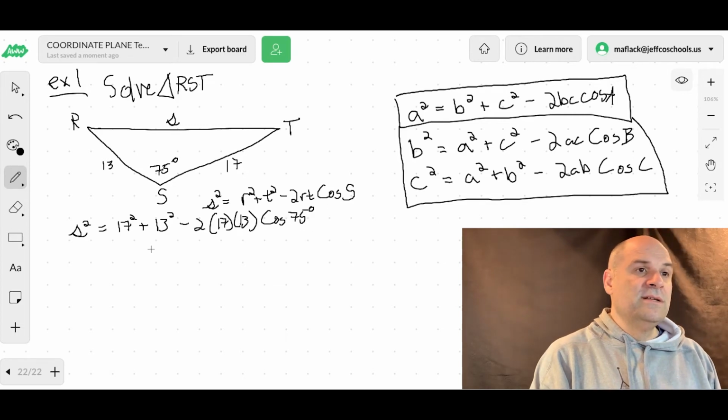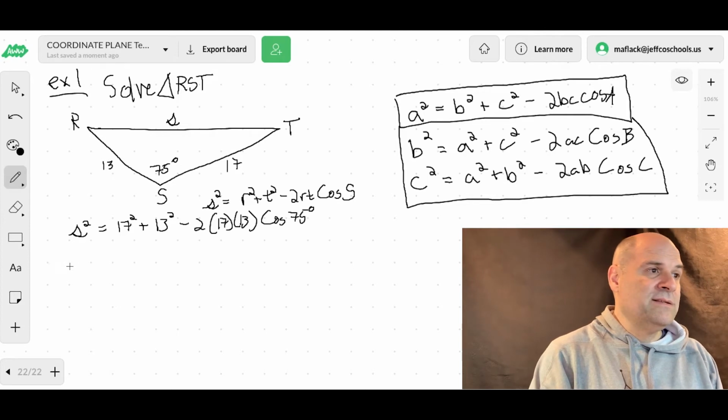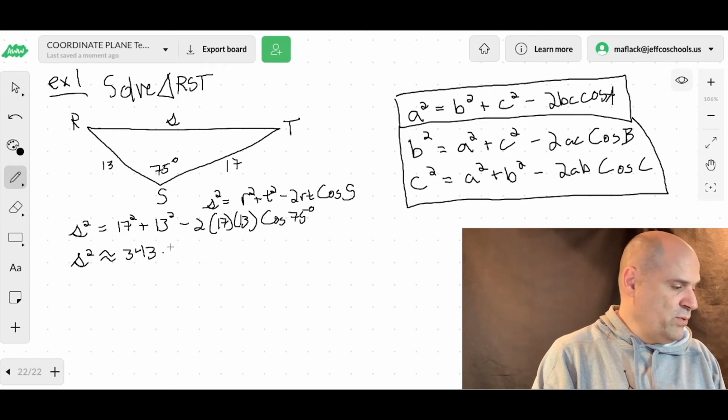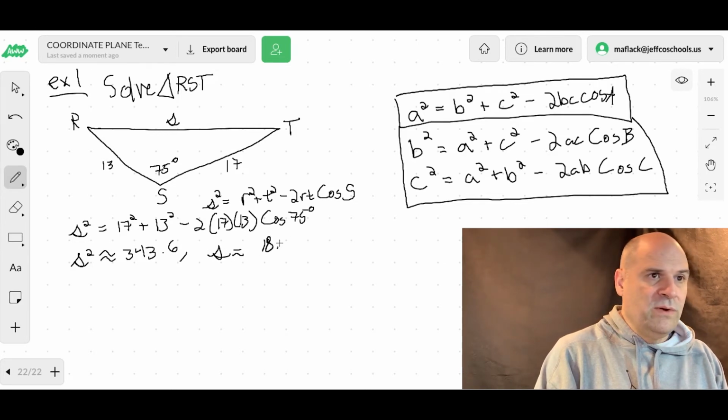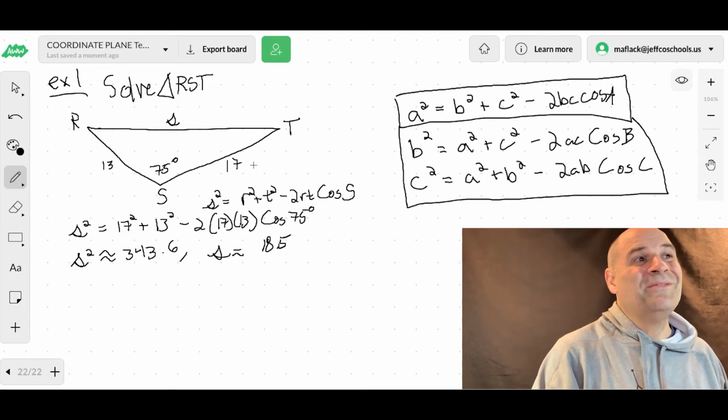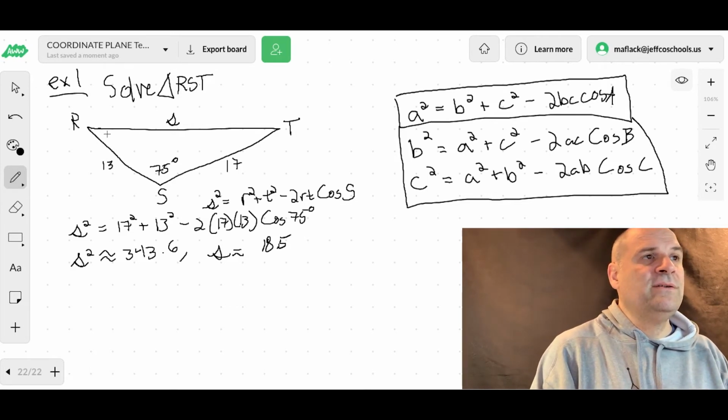Let's simplify this. s squared is approximately 343.6, and when you square root it, s is approximately 18.5.